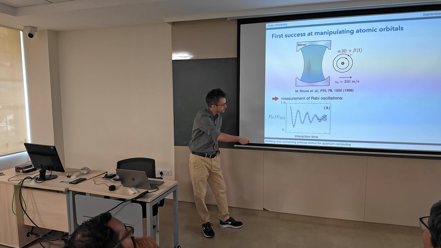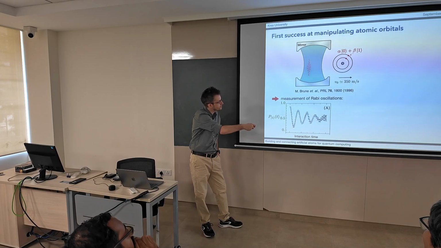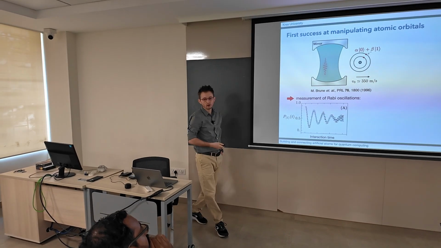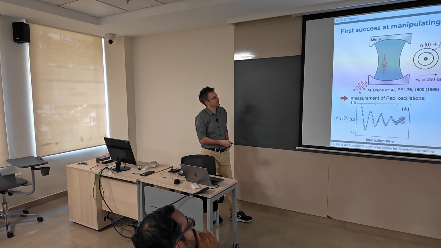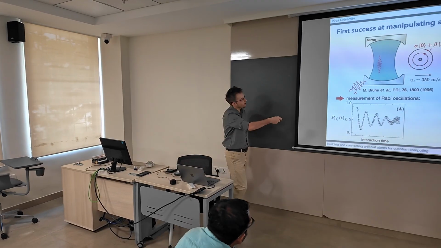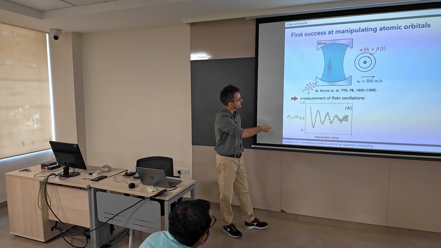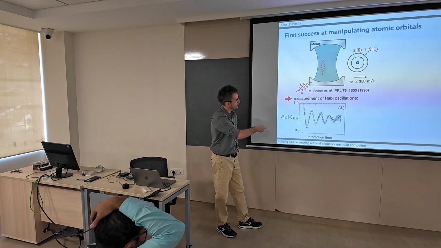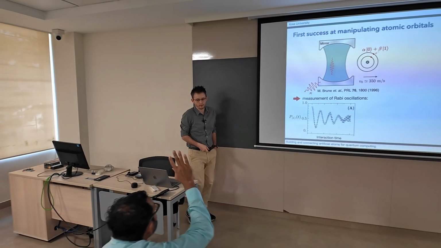Depending on how much time it spends, which we vary with the velocity, it oscillates between 1, 0, 1, 0, 1, 0. These are called Rabi oscillations. And there are some losses, kappa. It's a leaky system, and the losses explain this decay over here.